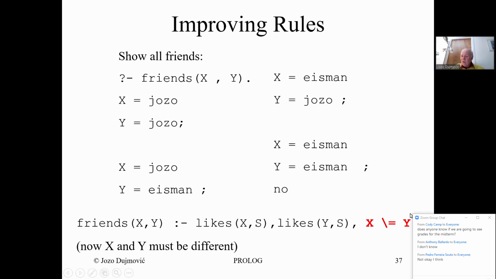Now the next question, can somebody tell me, is it possible to permute these likes X S and likes Y S? So to put likes Y first and likes X second. Can I do this permutation? And then X different from Y is the last one. Would that work or not? Yes. Bravo, bravo.